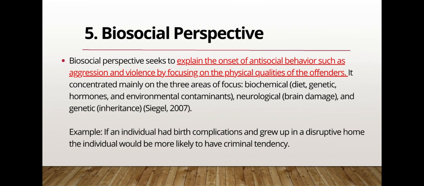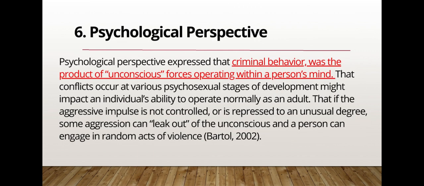When we say disruptive home, magulo na paligid or magulo sa bahay nila. Now, dahil may birth complications siya at the same time, tumira siya sa magulong environment, doon nagkakaroon ng criminal tendency ang isang tao. Bakit? Kasi hindi siya naturuan ng tama at the same time, kung ano yung mga nakikita niya, nagagaya niya.